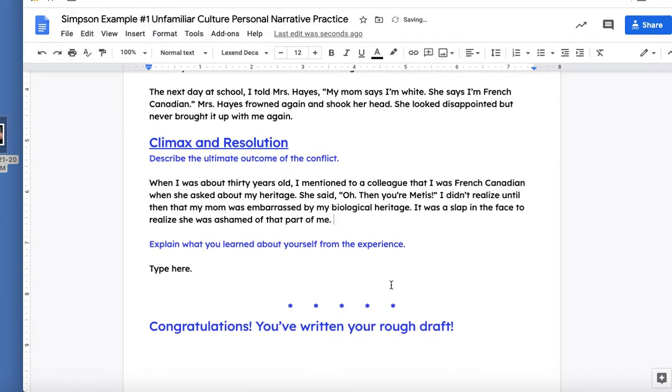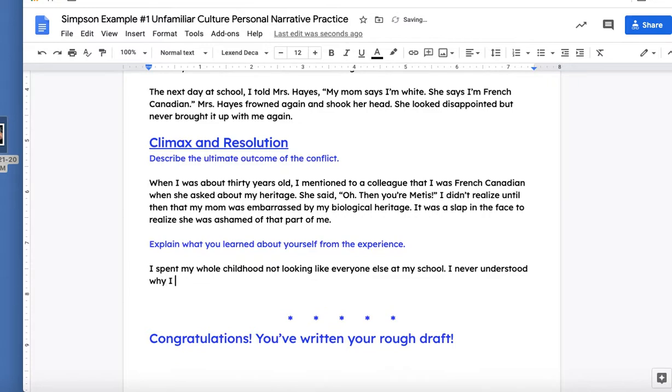And so my resolution is like what I learned about myself. I spent my whole childhood not looking like everyone else at my school. I never understood why I had olive skin and straight black hair.